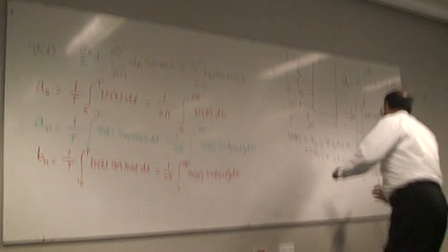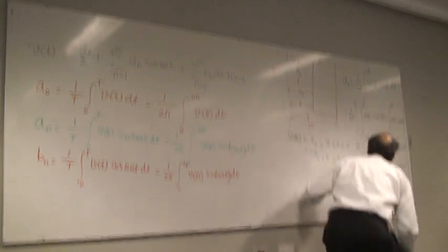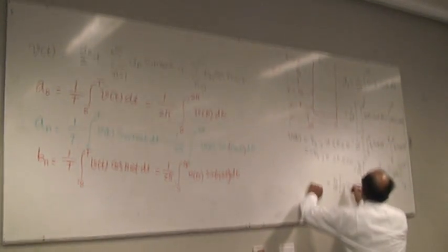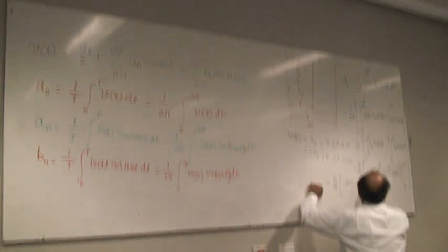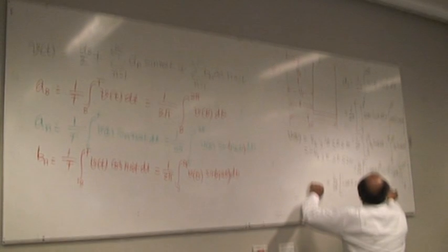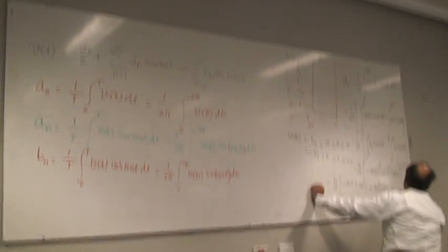So if I write it down, Vs by 2 pi, so what I get? Minus cos of pi, plus cos of 0, plus cos of 2 pi, and then minus cos of pi, isn't it?